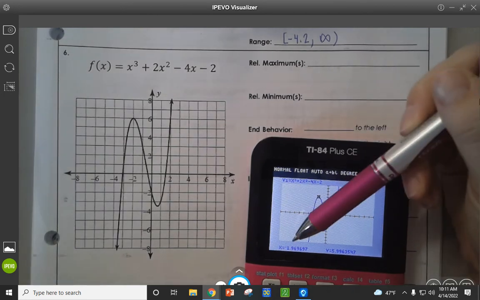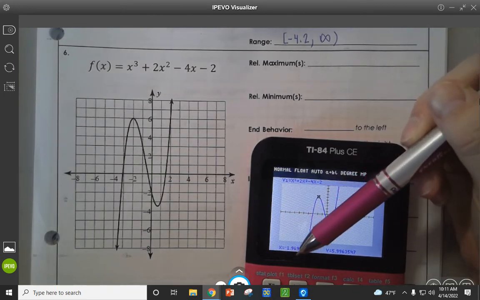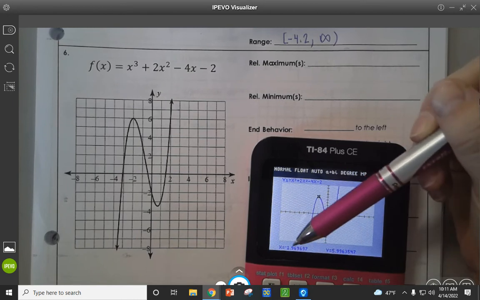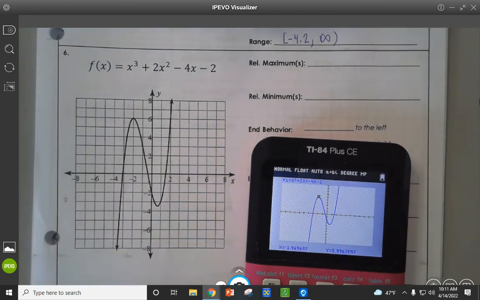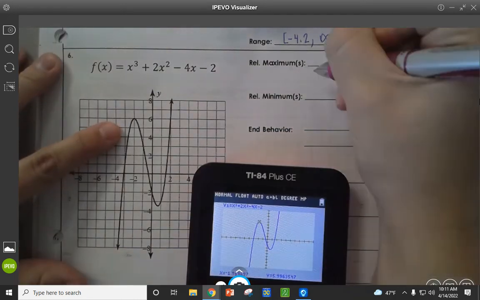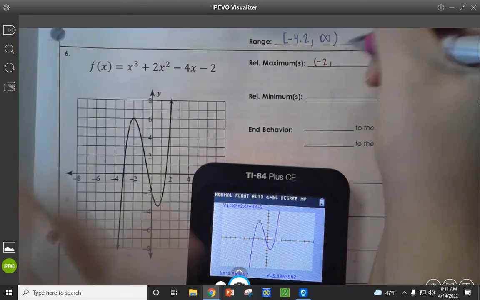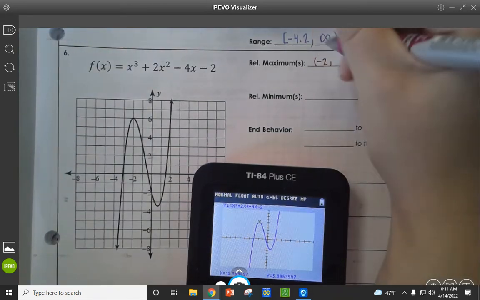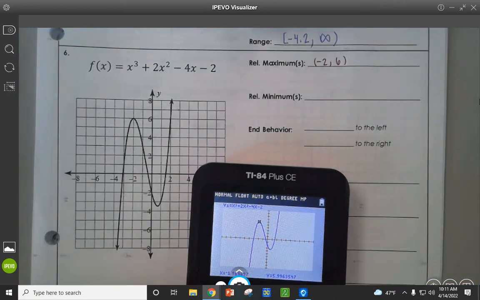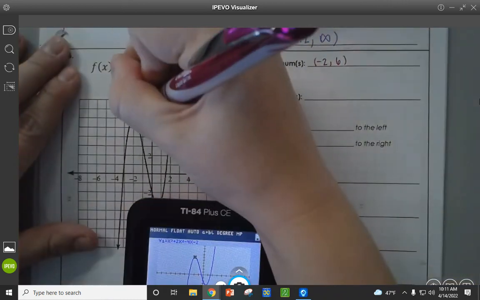Yep, so the x value, negative 1.96, that would technically round the 9 up, which makes the whole thing go to negative 2. So that would be negative 2, and then 5.99 rounds to 6. So negative 2, 6 is fine.